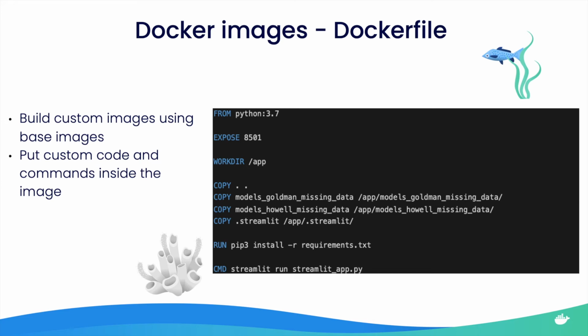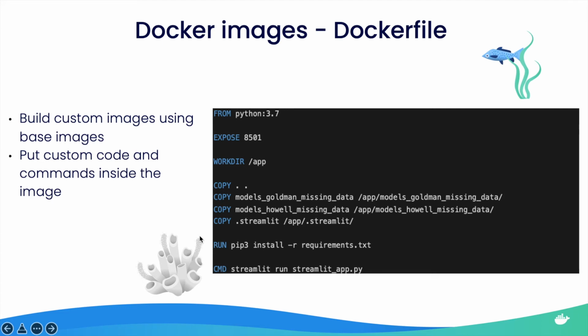And then the other copy command copies all the models found inside the models Goldman missing data folder into the folder app models Goldman missing data inside the Docker image. And again, the same for the other copy commands. We copy pretty much everything we need from our local system into the Docker image.